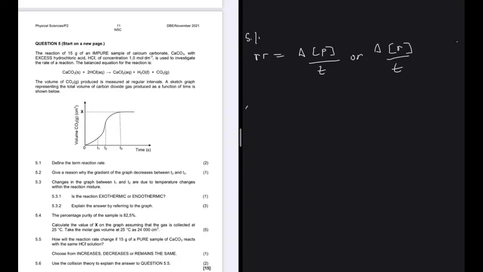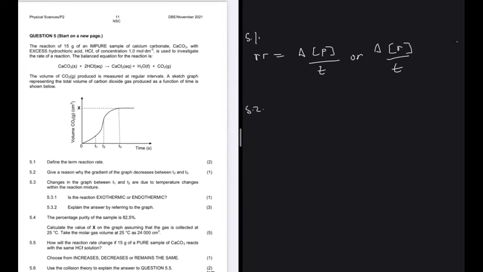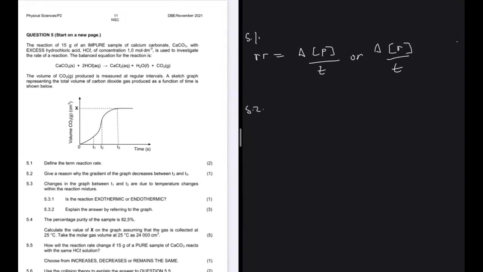And then 5.2 says, give a reason why the gradient of the graph decreases between T2 and T3. This is the part that I just highlighted in yellow on the left hand side.